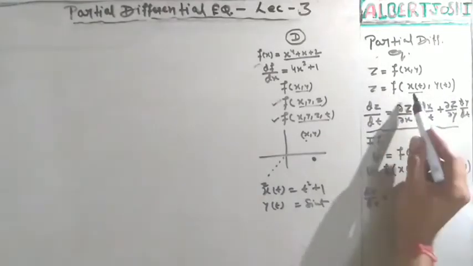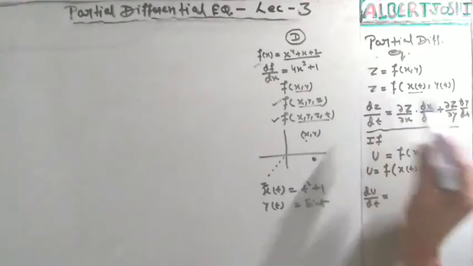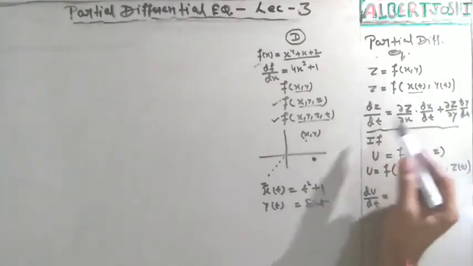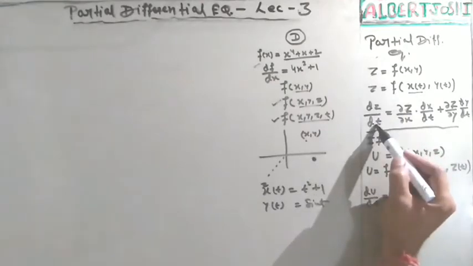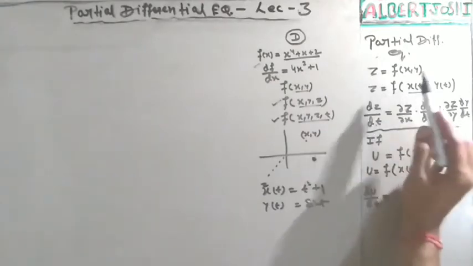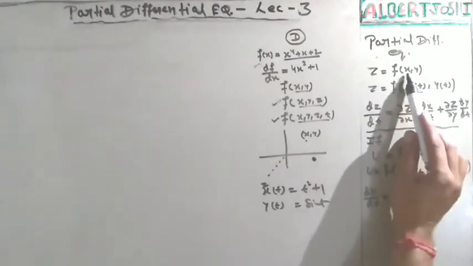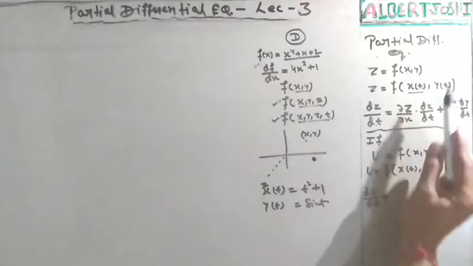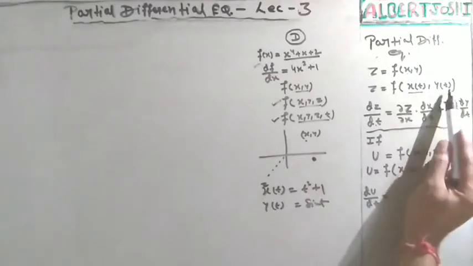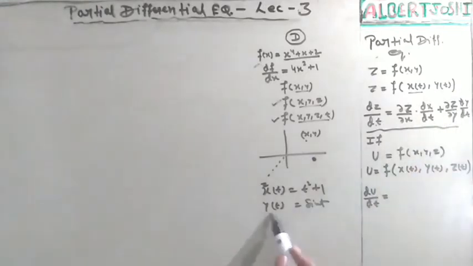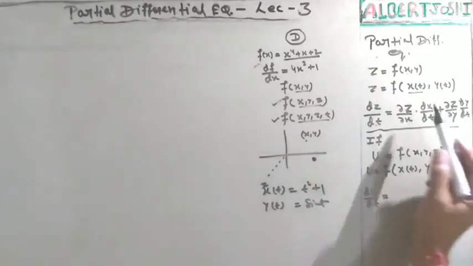In this condition, how to differentiate such a function? Suppose you have to differentiate z with respect to t, then you will write dz upon dt. At first you will check how many variables are here. There are a total of 2 variables, and these 2 variables are also behaving like functions. There is a t in this x and in this y, anything they can give you.